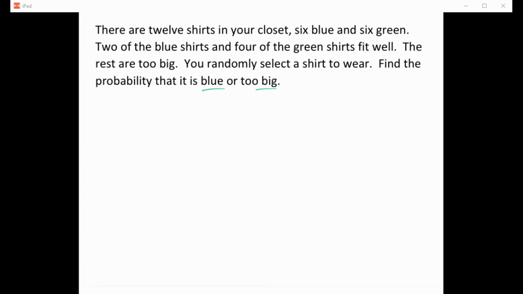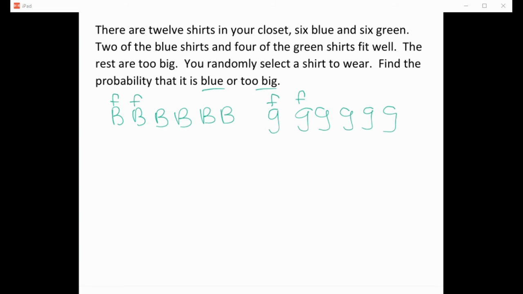So there's 12 shirts total, 6 blue and 6 green. I'm going to put 1, 2, 3, 4, 5, 6, and 1, 2, 3, 4, 5, 6. 2 of the blue shirts fit well, so I'm going to put a little F for fits. 4 of the green shirts fit well, so F for fits. So that means in total there's 12.